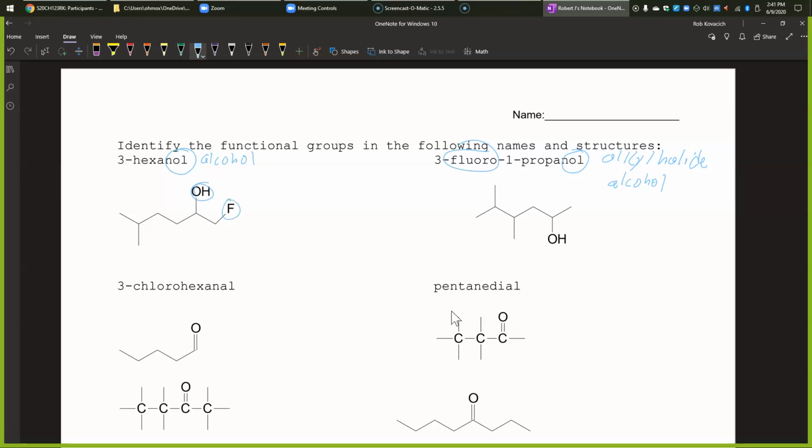So here's an alcohol and here's a fluorine. So this is an alkyl halide and an alcohol. Over here, I just have an alcohol.